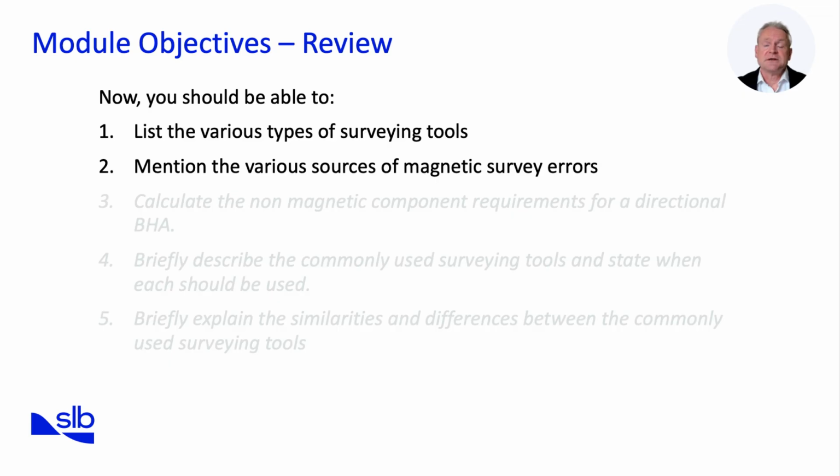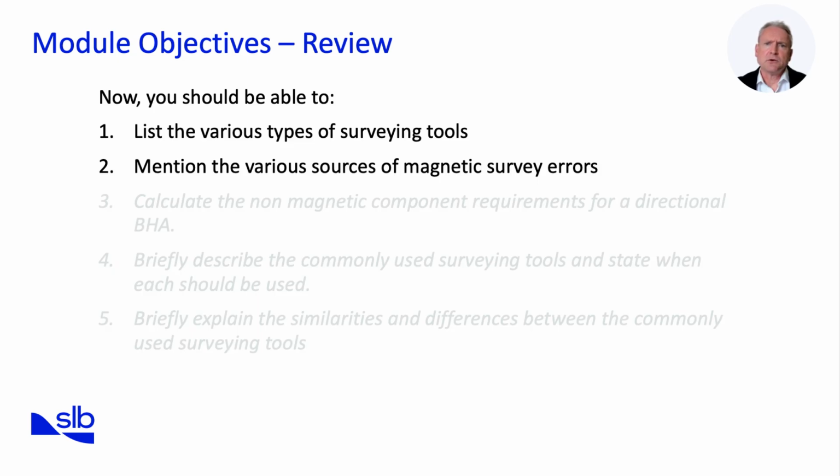As we conclude this sub-module, you should now be able to list the various types of surveying tools. You should also be able to identify the sources of magnetic survey errors, drill string interference, magnetic variance, and crustal field anomalies, and explain why drill string interference accounts for most of the inaccuracies.